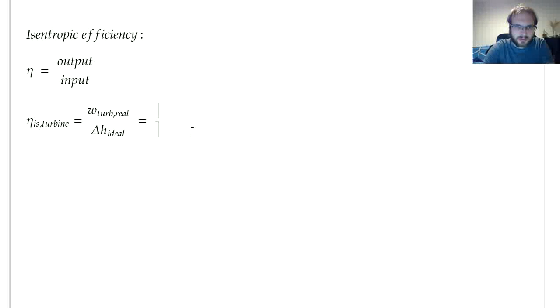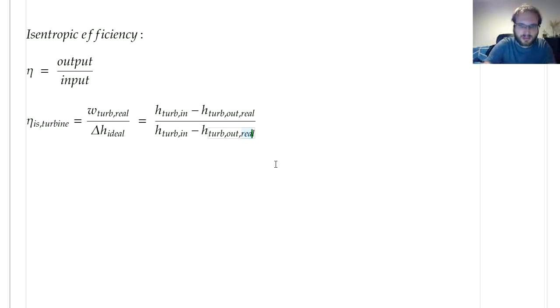So the real work of the turbine would be enthalpy of turbine inlet minus enthalpy of the turbine outlet for the real expansion, and the ideal difference of enthalpies is just enthalpy of turbine inlet minus enthalpy of turbine outlet ideal.